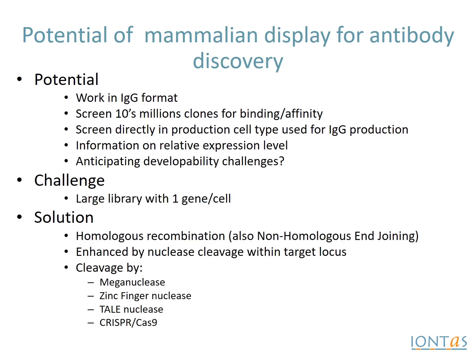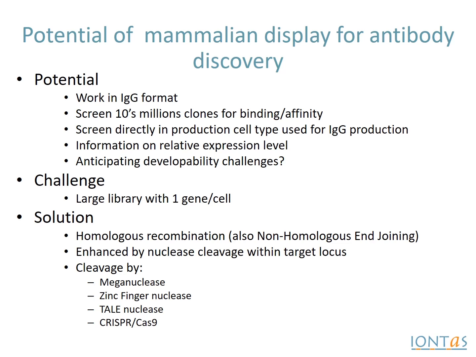So the challenge, however, in making mammalian display libraries is to find a way that allows you to make large libraries on the one hand, but large libraries where there's just one antibody gene in every cell. And the solution we've come up with is to use homologous recombination.